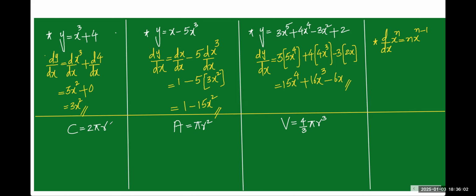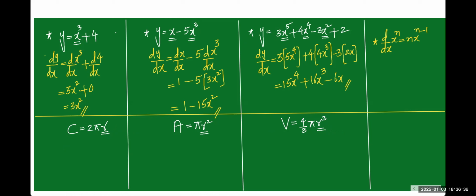Now look at that. Here the variable is x, so we are differentiating with respect to x. Here the variable is x. We are differentiating with respect to x. Can you tell me what is the variable here? r is a variable because pi is already known. So now we have to differentiate these three functions with respect to the variable r.